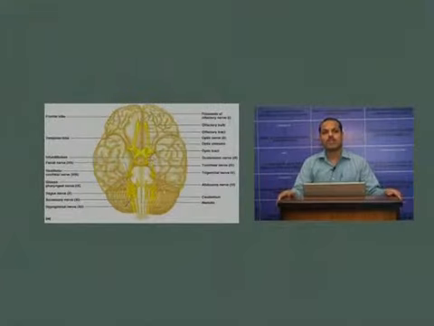The second type of cranial nerves are the motor cranial nerves. These contain only efferent fibers, that is motor fibers. These are the oculomotor nerve, trochlear nerve, abducent nerve, accessory nerve and hypoglossal nerve.